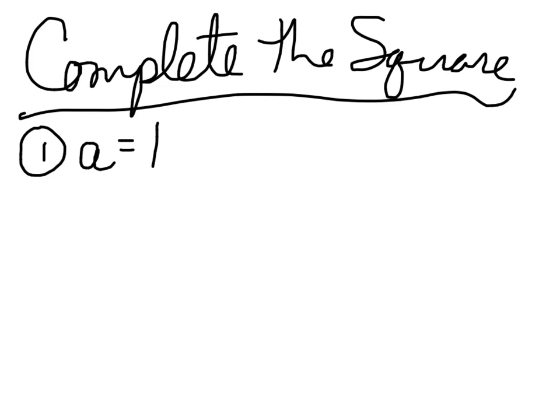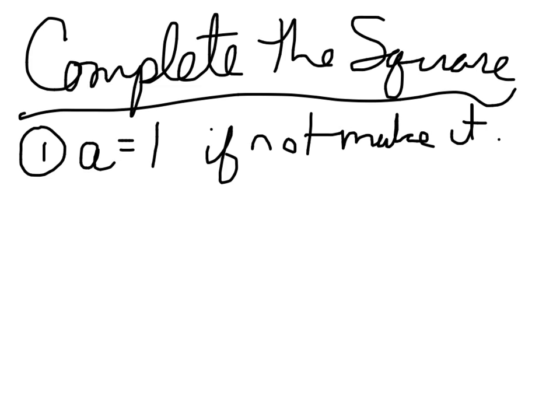Okay? So A has to be 1. If it's not, make it. That's the first thing that should happen. I think most of the ones that you're going to see today are going to have it where A is 1. Maybe there might be a couple at the end where it's not. Okay? So the first thing you got to do is make sure that A equals 1.